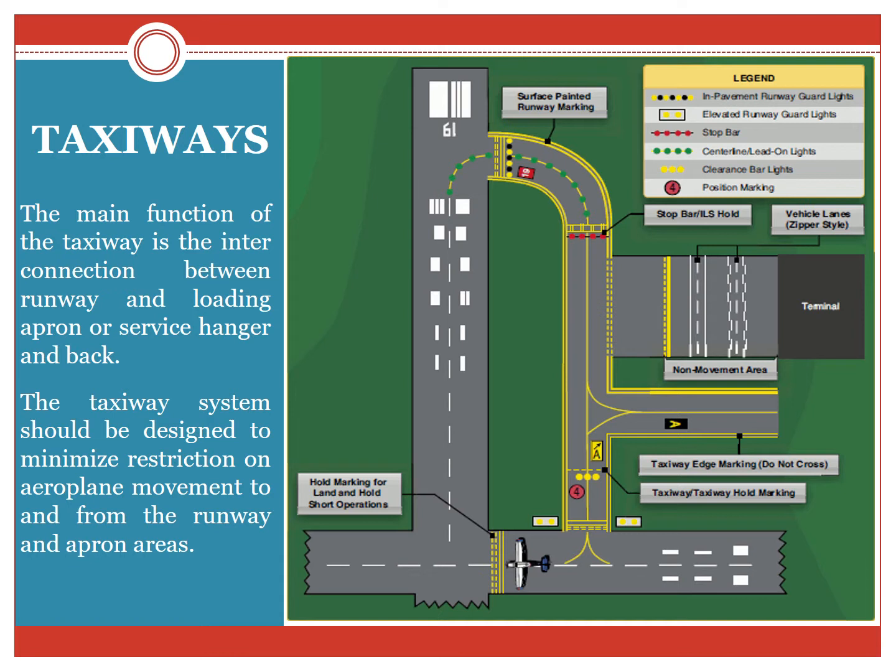On busy airports, the taxiway system should also allow aeroplanes to exit the runway as soon as possible after landing and to enter the runway just before takeoff. As you can see in this figure, the yellow portion shows the taxiway. This is a schematic diagram for a given taxiway in a given airport.